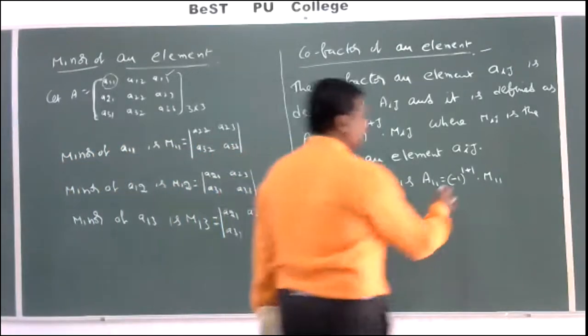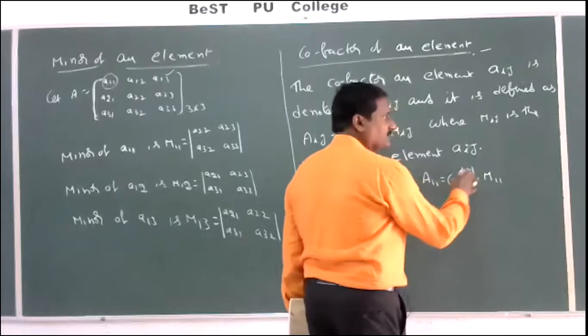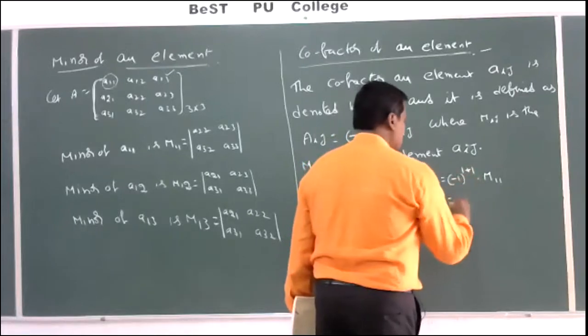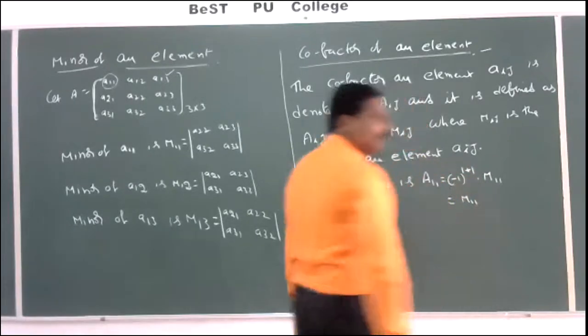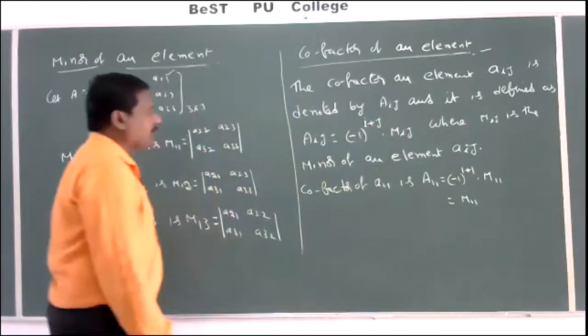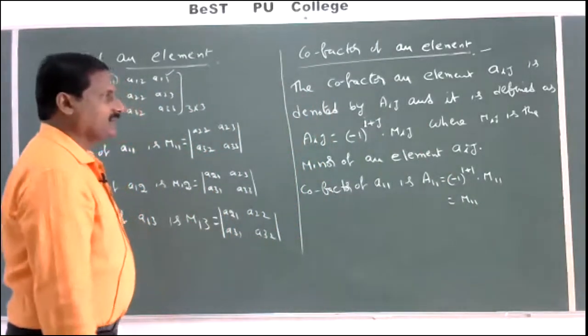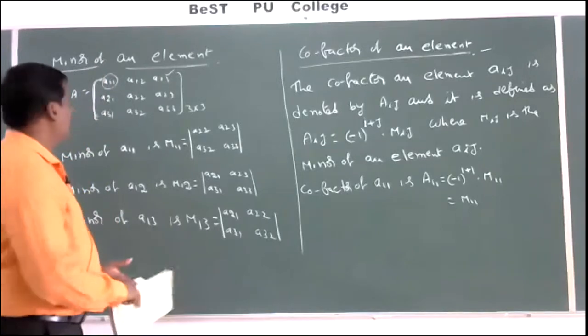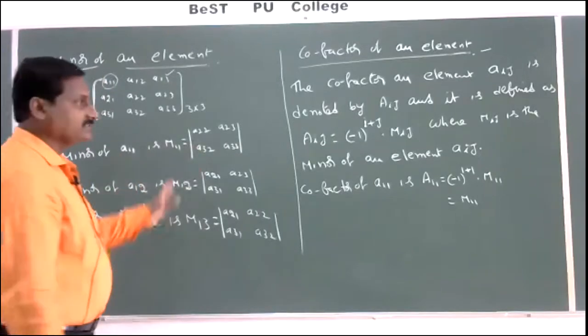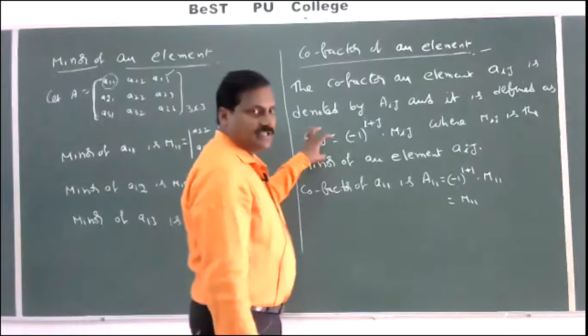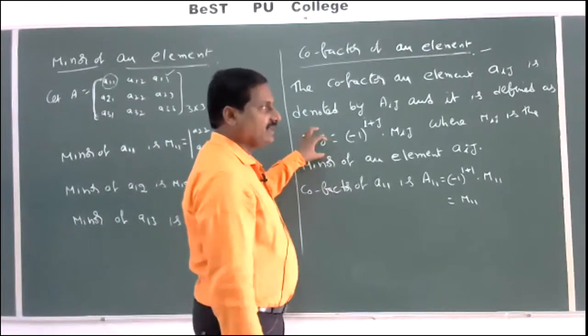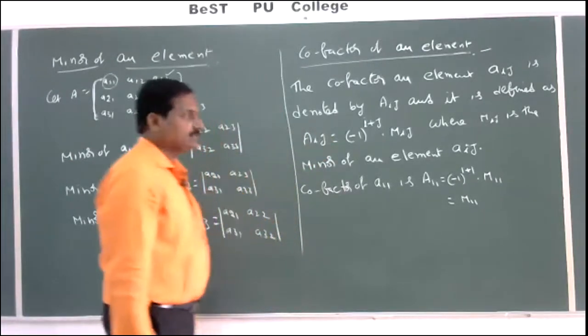This is equal to minus 1 whole power 2. Minus 1 whole square means it is plus, so that is equal to M11. This concept is very, very important. If you know the minors and cofactors, these will be used in the 5 marks question in exercise 4.6. Very, very important concept.